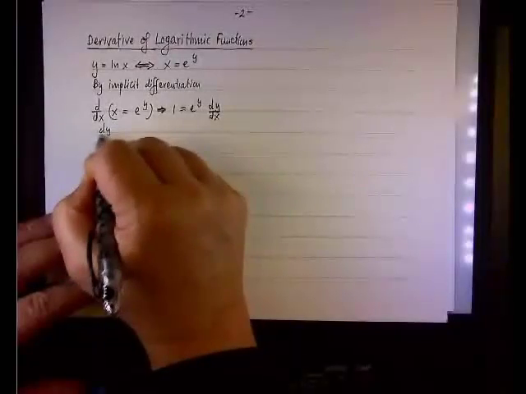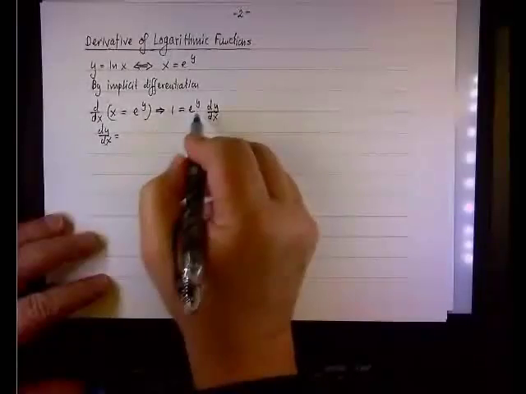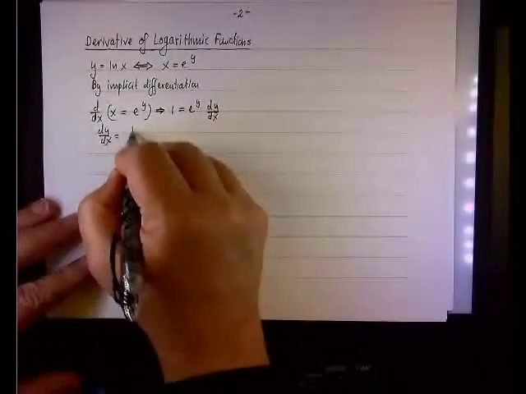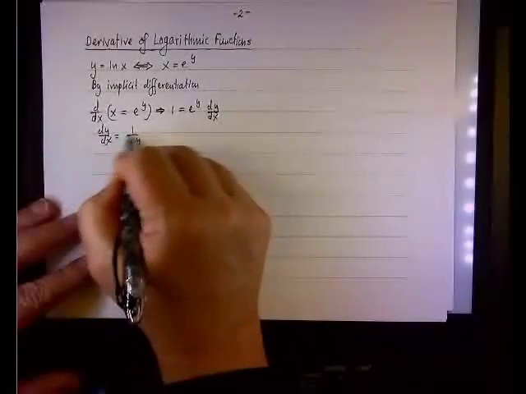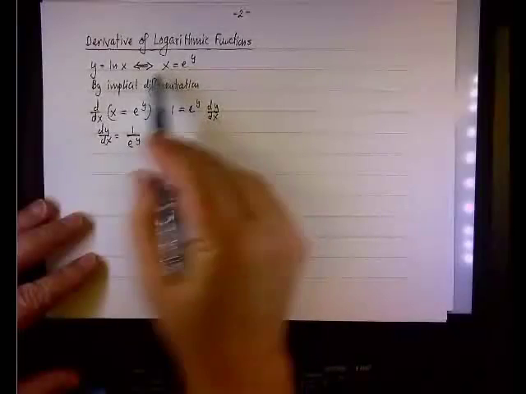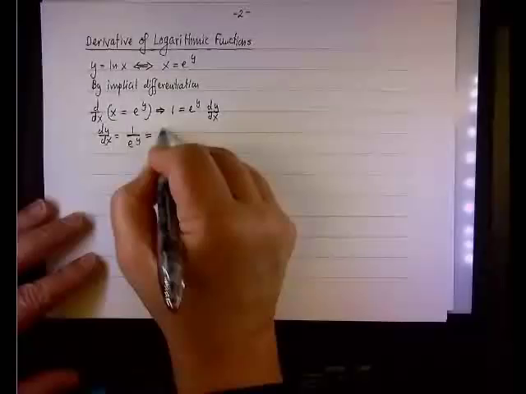So this gives us a solution for dy dx. We're going to say that dy dx is equal to 1 over e to the y. But what is e to the y? E to the y is x, by the definition of the logarithmic function. So it's 1 over x.